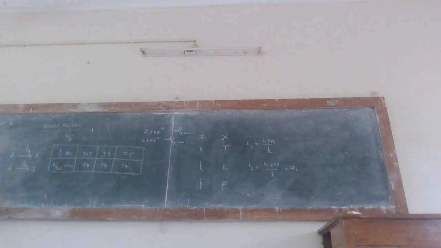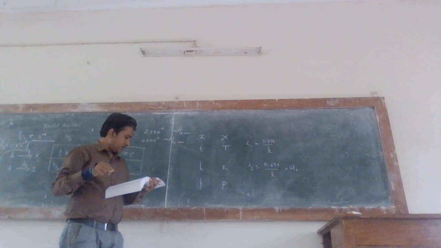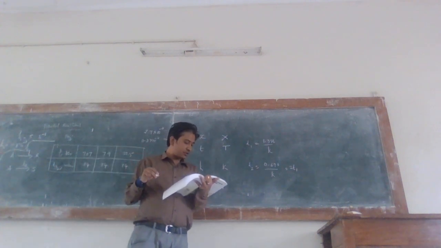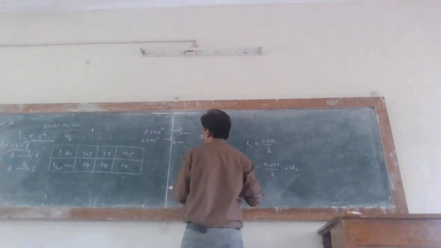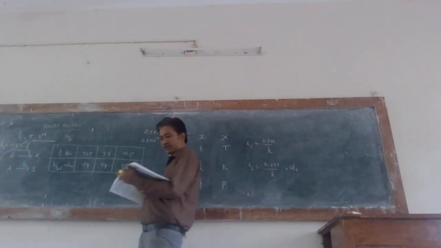This is going on with k1 equal to 5 per hour and k2 equal to 0.8 per hour. That means k1 is 5 per hour, k2 is 0.8 per hour. Find the moles of R produced in 15 minutes.